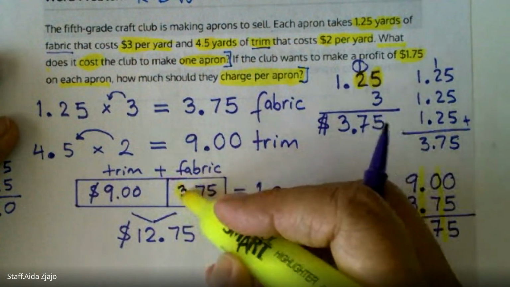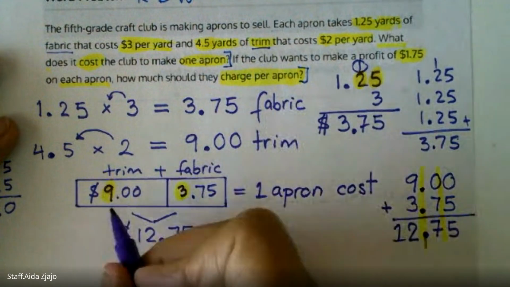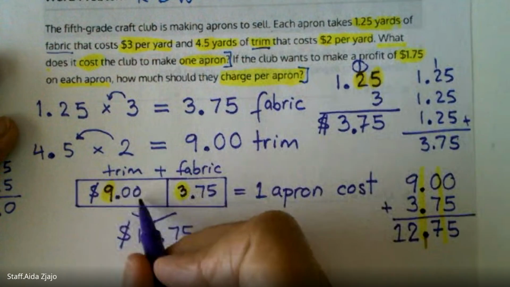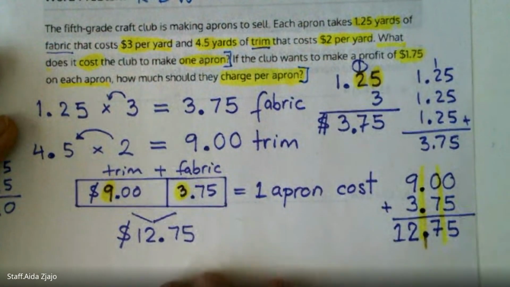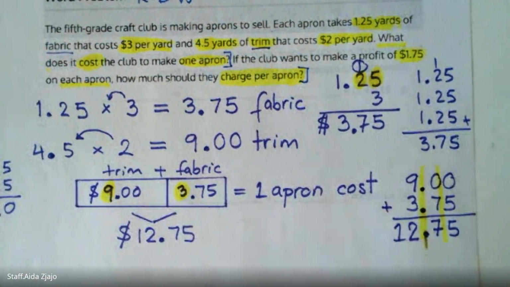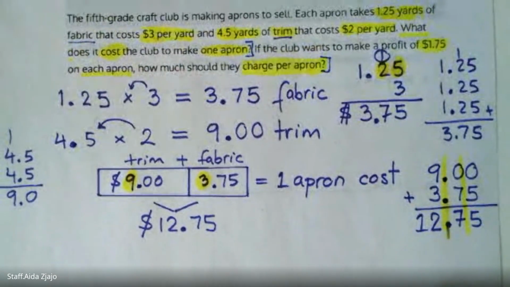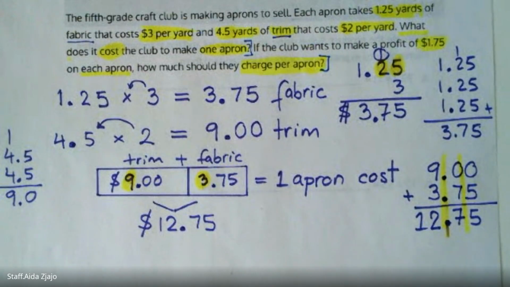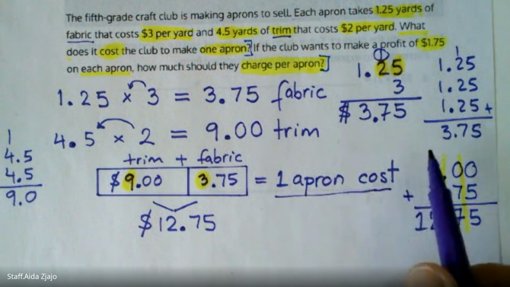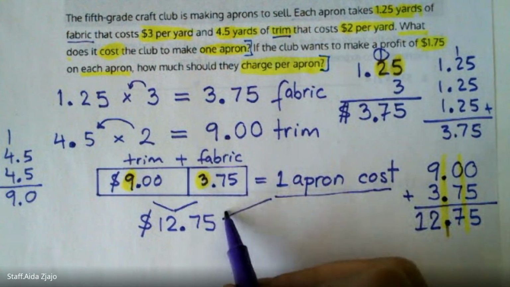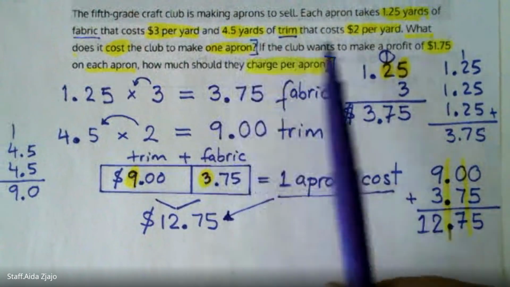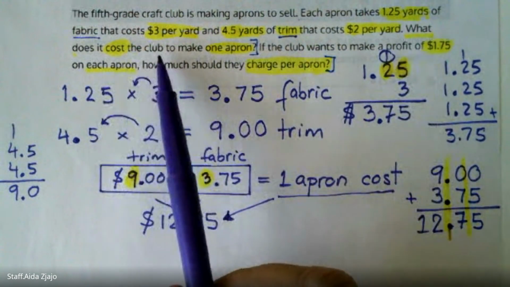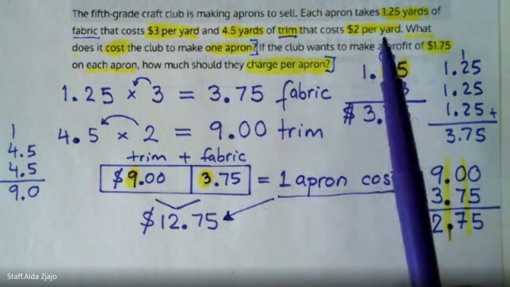This is how your check works. You add the wholes, and then you add the parts, 0 hundredths and 75 hundredths, 75 hundredths. So sometimes it is okay to do mental math, but you can always check with calculation to prove your logical thinking. Okay, so that is one cost. The cost of one apron is $12.75, and that is the first answer to what does it cost the club to make one apron. But then there's another question.